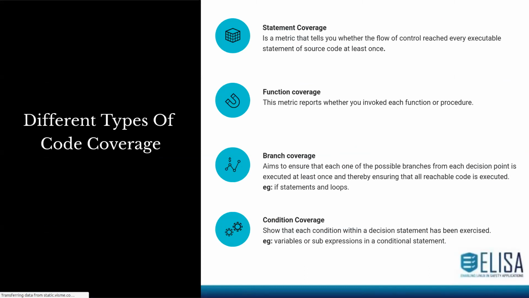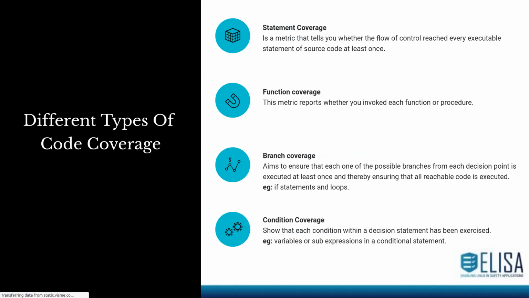The first is statement coverage. This is just whether each and every single statement in your program has been executed or not. Function coverage is whether you invoked each function, whether it's main or auxiliary functions. Branch coverage is to cover all the branches possible.